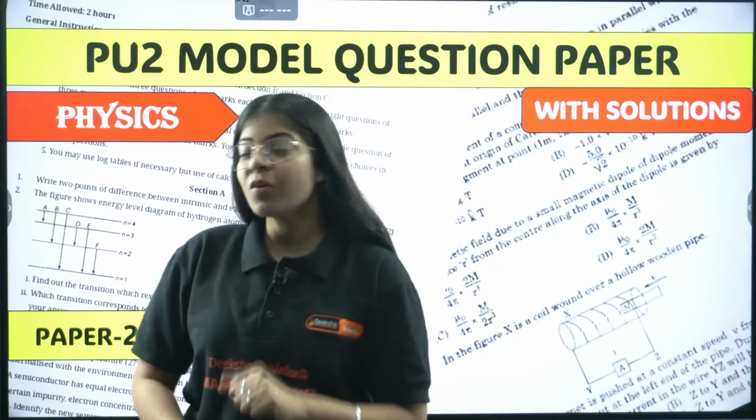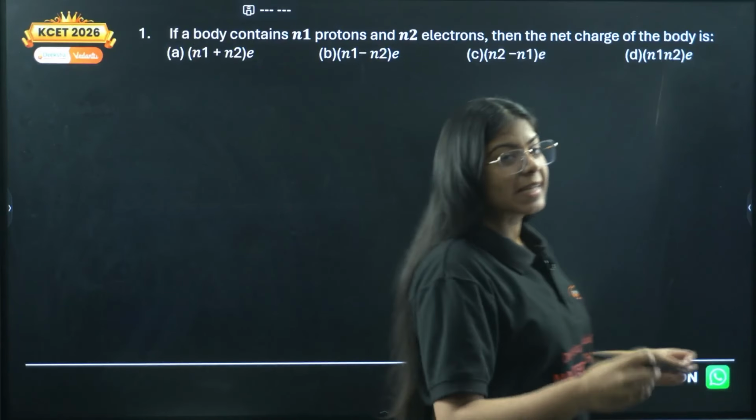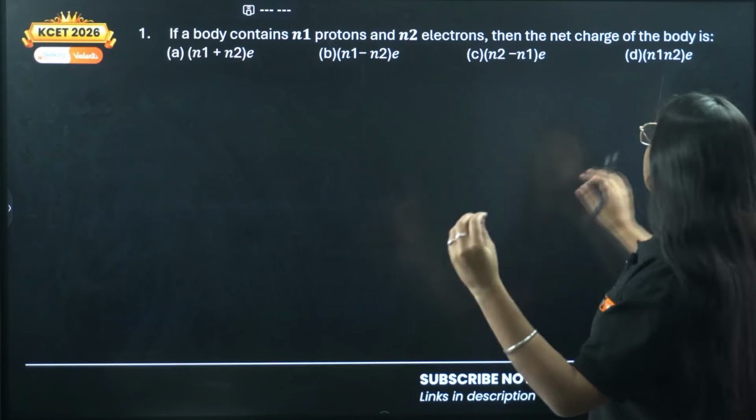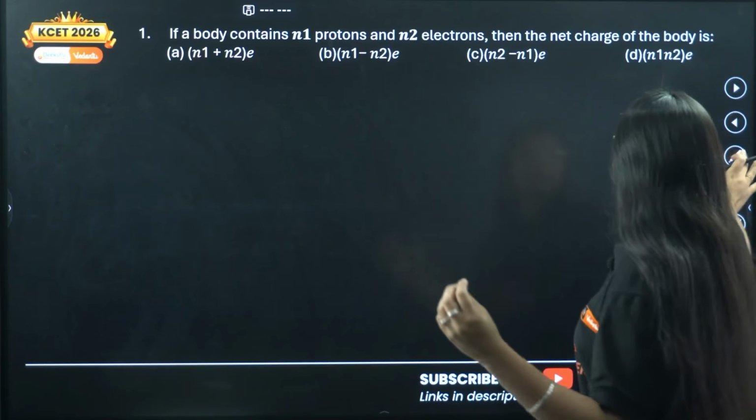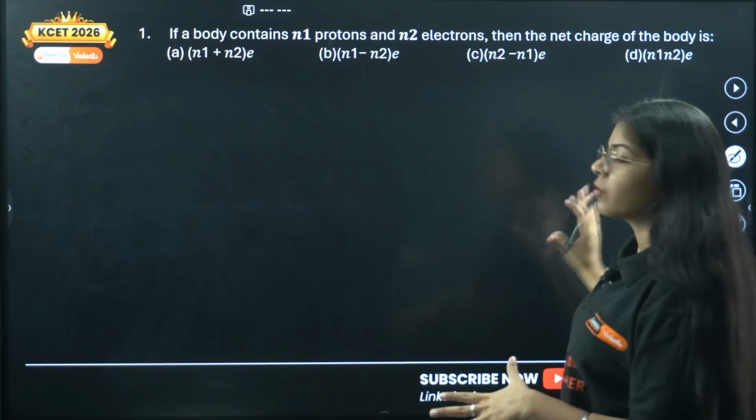Okay, let's move on to the first question that says, if a body contains N1 protons and N2 electrons, then the net charge of the body is.